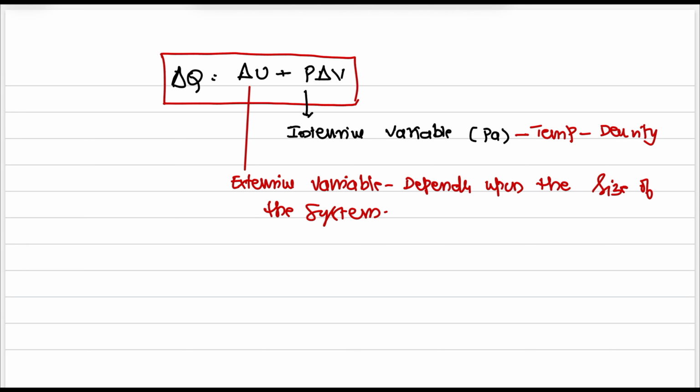Along with internal energy, other variables which depend upon the size of the system are mass definitely, and volume. Pressure is the intensive variable which doesn't depend upon the size of the system.